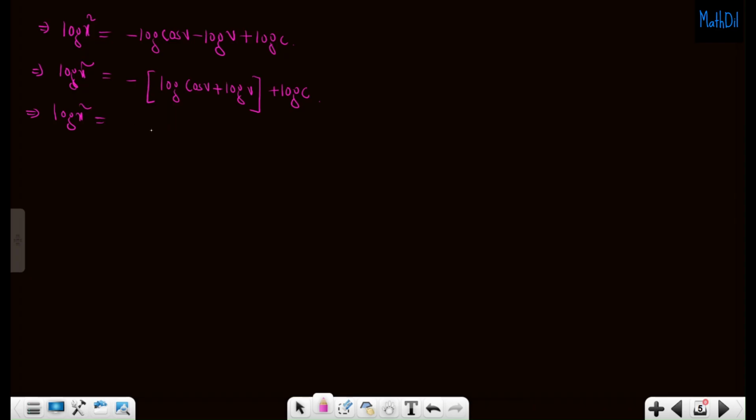If you have any difficulty, any doubt, any question, then please comment your doubt. I will make you a proper reply. So what it will be? It will be minus log, by using the logarithmic property, you will get that this is equal to v cos v, c.